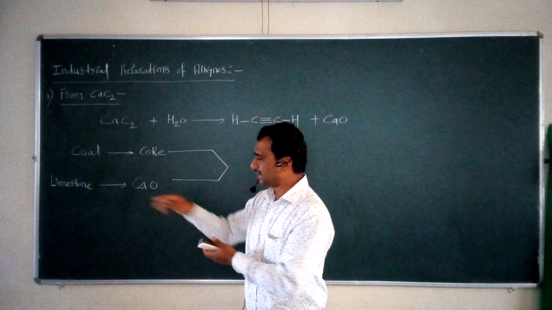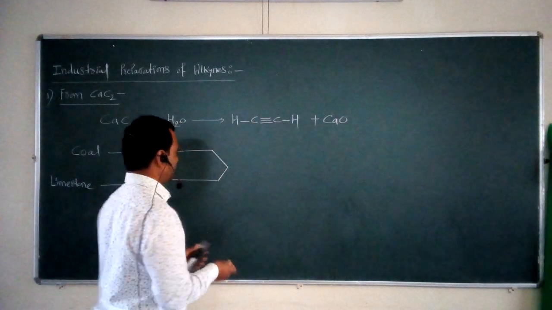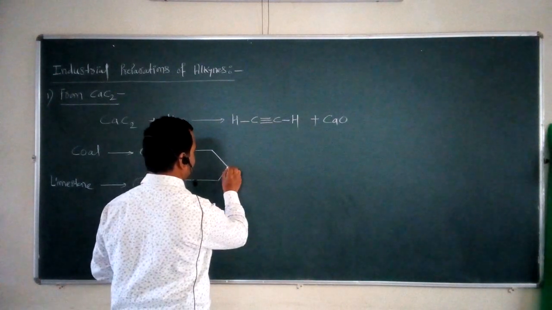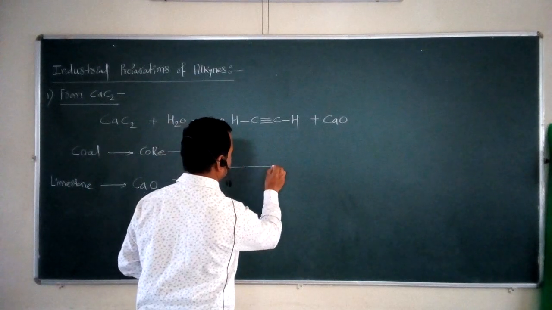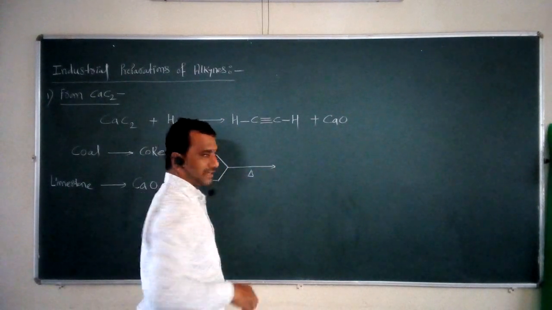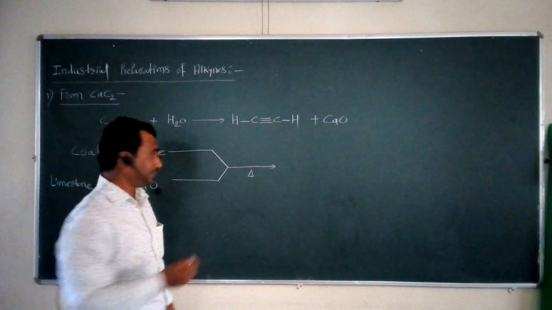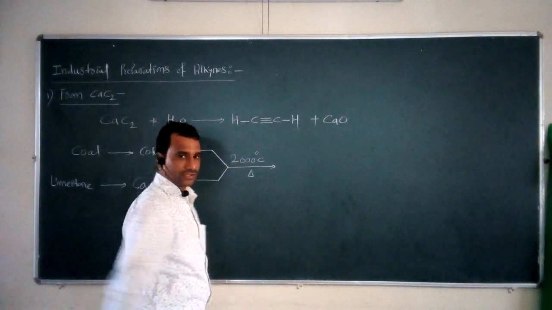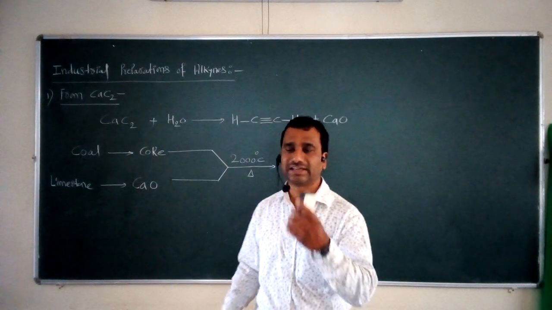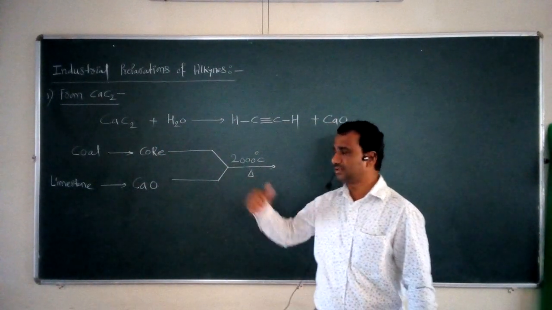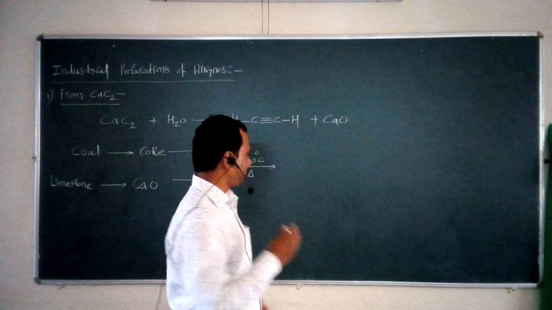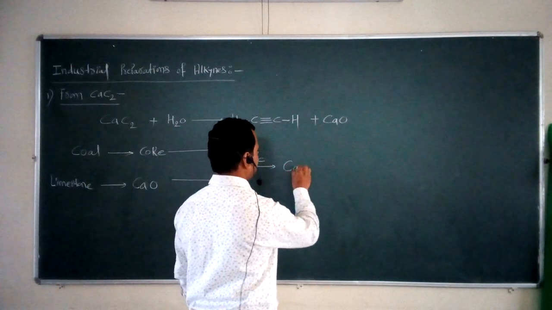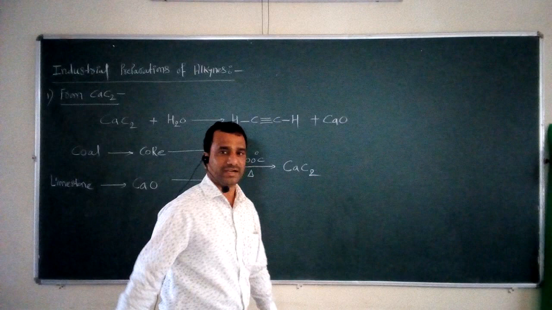When this coke and calcium oxide are heated at a very high temperature, that temperature range is 2000 degree centigrade, in an electric furnace, we heat these two reactant molecules together, and after that we get the formation of the calcium carbide molecule.